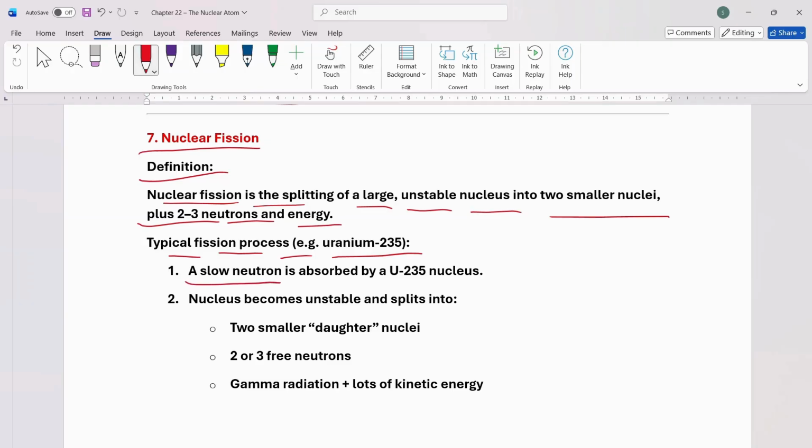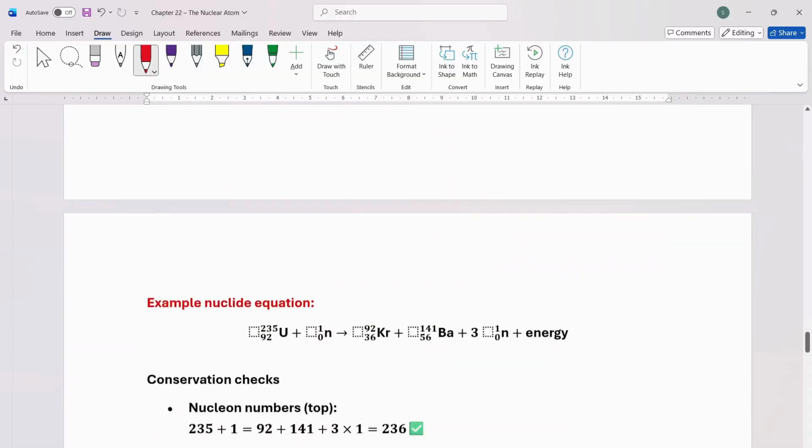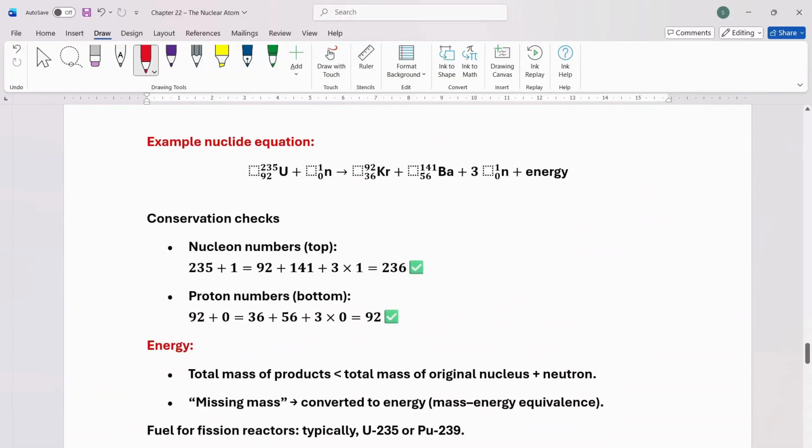A slow neutron is absorbed by the uranium-235 nucleus. The nucleus becomes unstable and splits into two smaller daughter nuclei, 2 or 3 free neutrons, gamma radiation plus lots of kinetic energy. Example nuclide equation: uranium-235 plus 1 neutron gives Kr-92, Ba-141, 3 neutrons and energy.